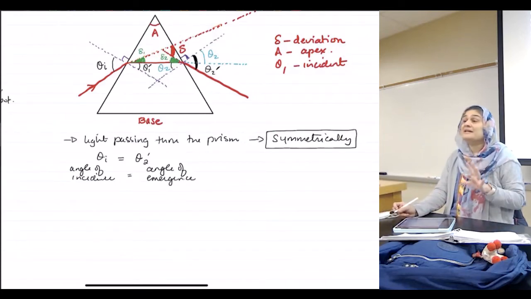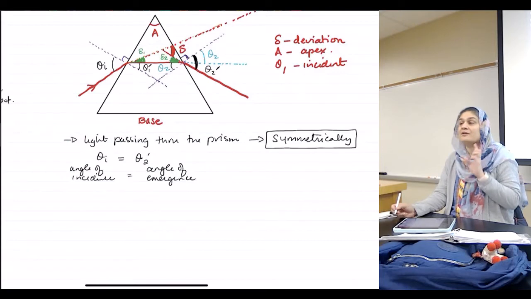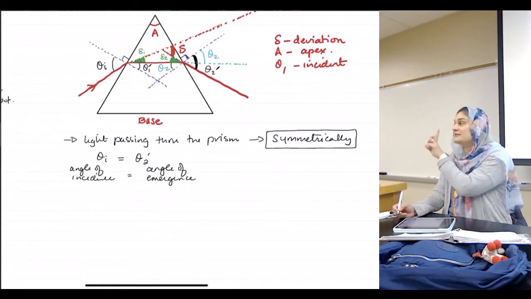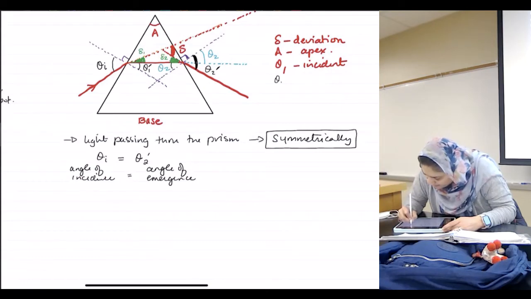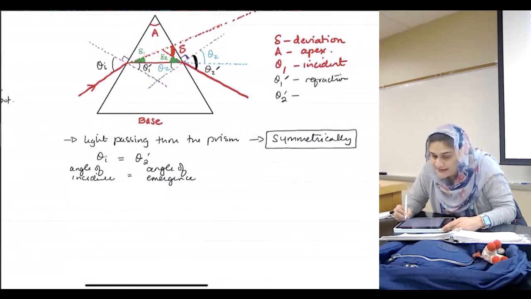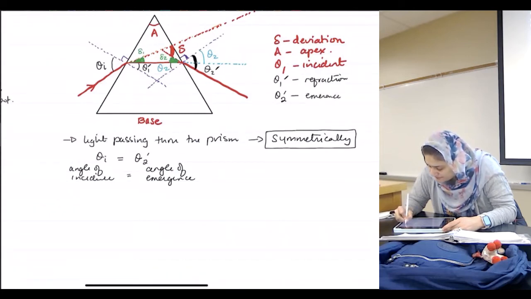In these cases, there is a refracted angle and then there is an emergent angle. Theta 1 prime is the angle of refraction, and theta 2 prime is the angle of emergence.